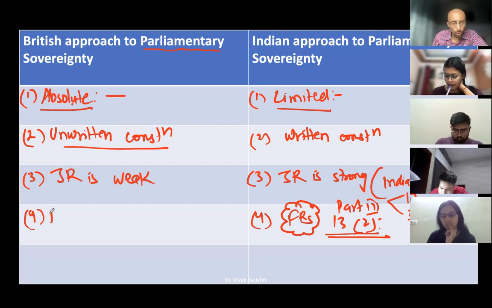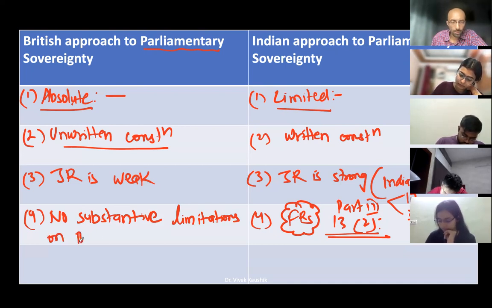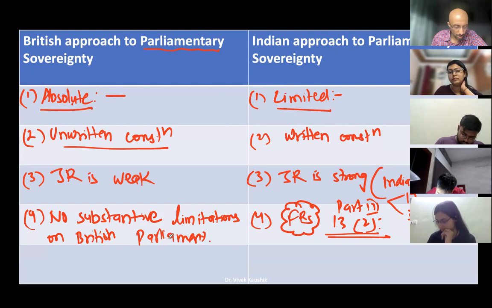Fourth point, no substantive limitations on the British Parliament, such as fundamental rights.